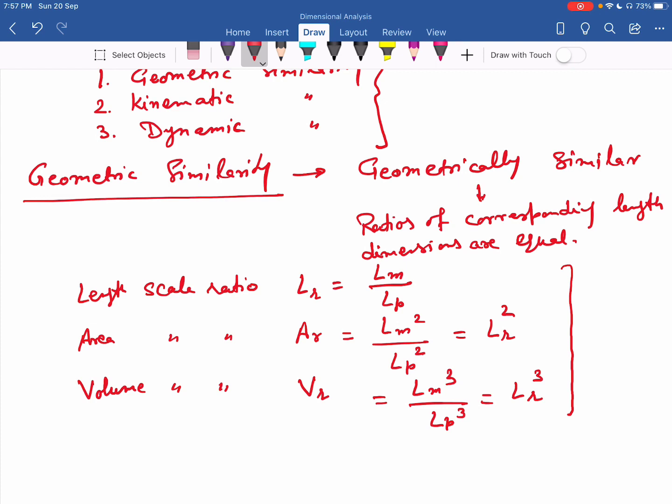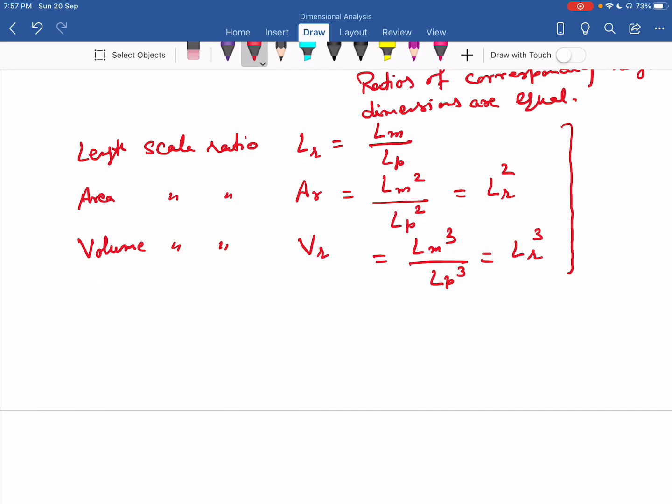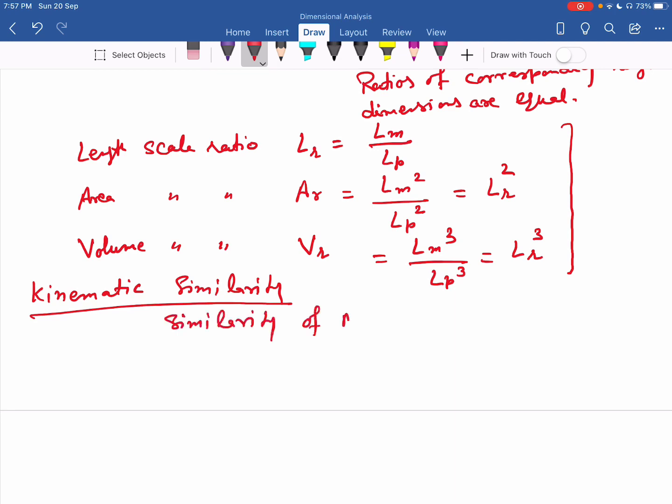The next is kinematic similarity. Kinematic similarity implies the similarity of motion.